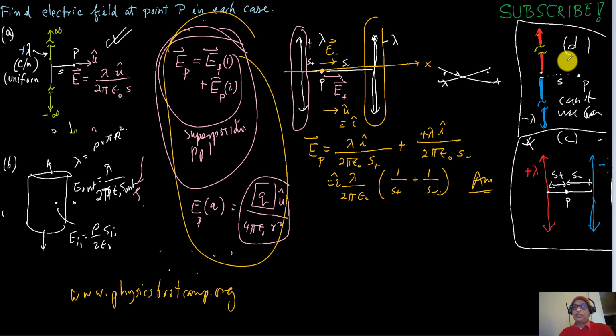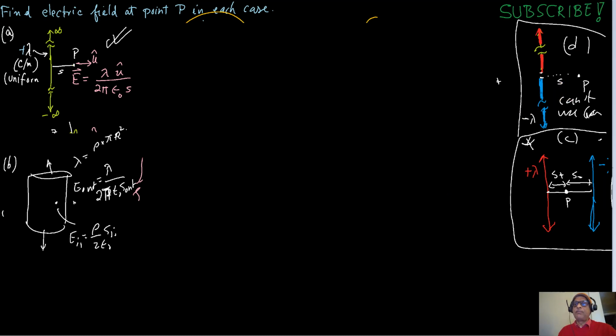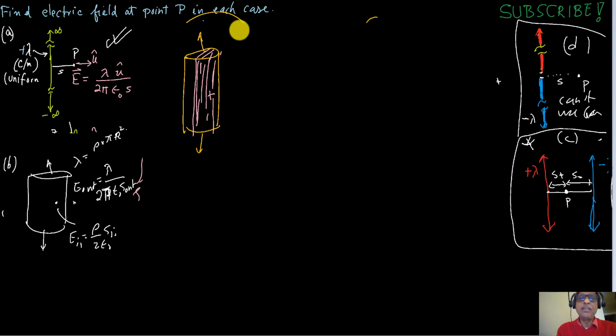Let me try to address a problem like D and how you can do it. Like here, if you had a cylinder, and this is an infinite cylinder, you would think Gauss's law should apply, but suppose this part of the cylinder was all positive and the other part was negative.